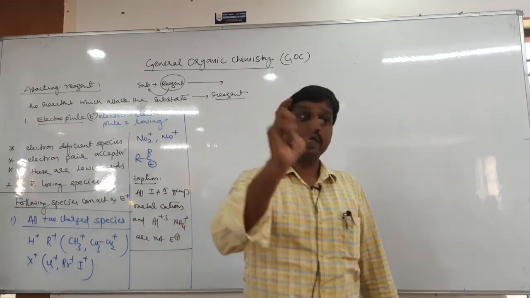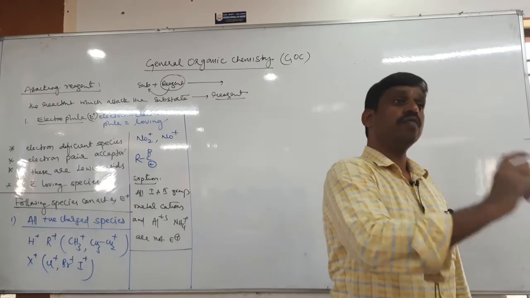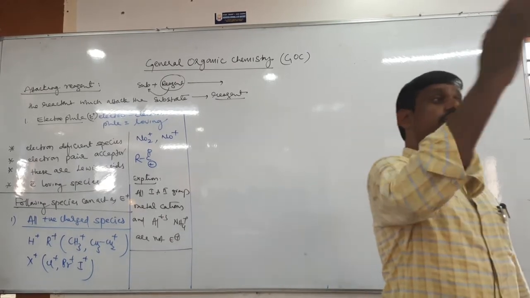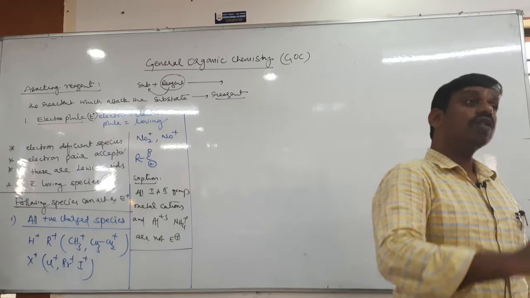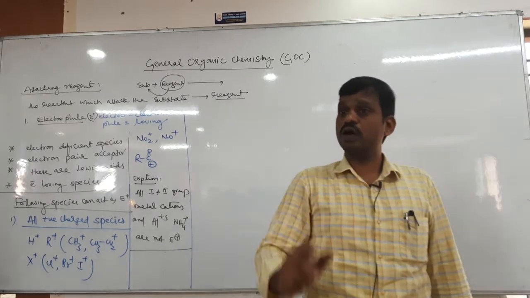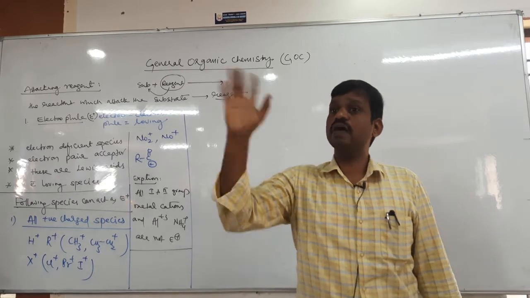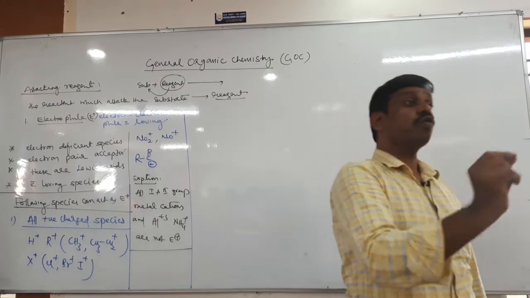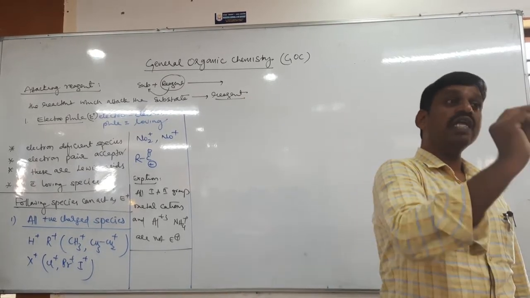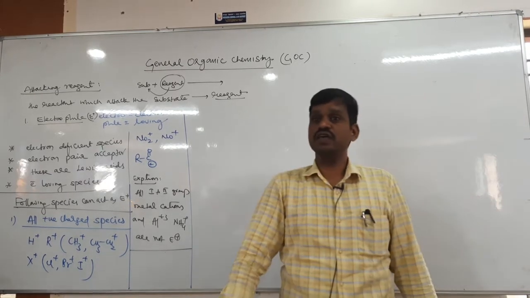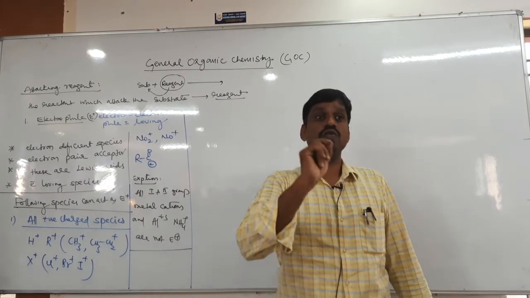Can you tell me which group element can form an incomplete octet? Very good, 13th group elements. All the 13th group elements, particularly boron compounds, boron halides, boron hydrides, aluminium hydrides, aluminium halides. Even second group beryllium also. Beryllium halide is also an example of incomplete octet, that is an electrophile.